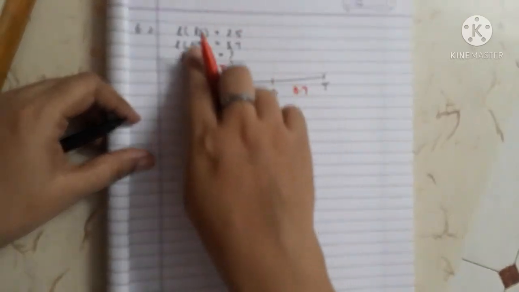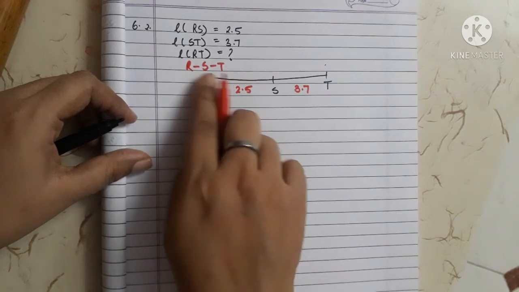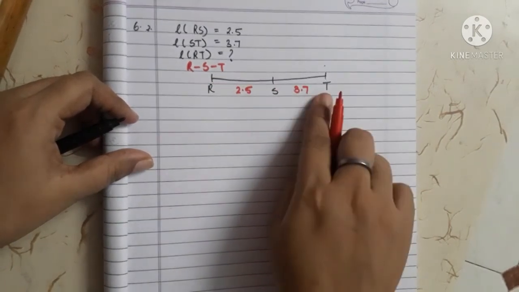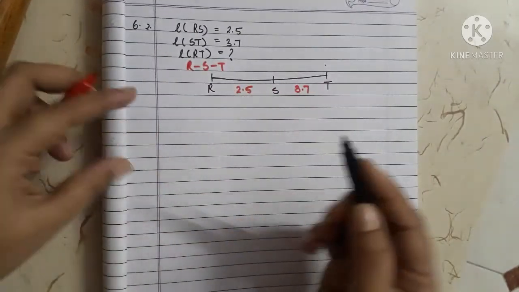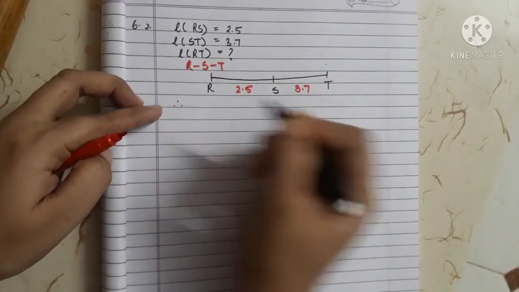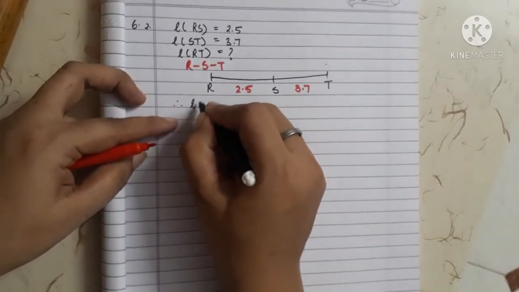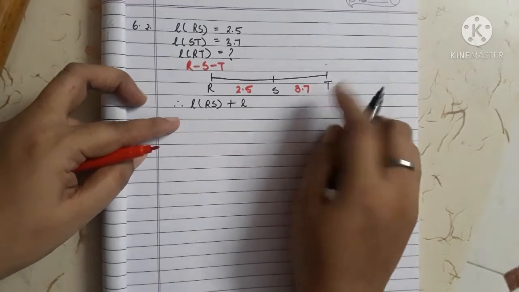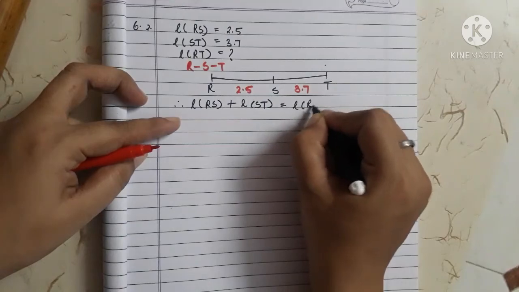If you just see the question, you may get confused. Where is S, where is T, where is R? From this R-S-T, just draw one line, write the names, give the letters to it, measurement, and it becomes very easy to solve. So therefore now I can write down length of RS plus length of ST is equal to length of RT.